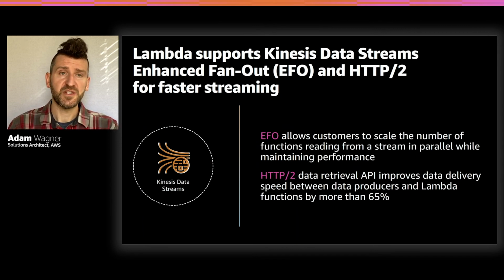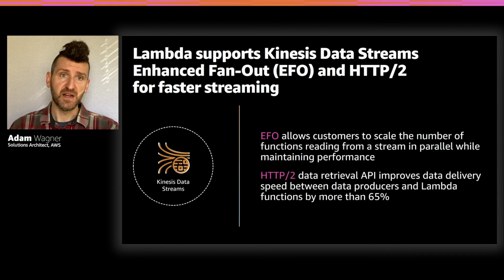So, one option to reduce that overall latency with Kinesis Data Streams is to use enhanced fanout. I mentioned earlier, enhanced fanout provides that dedicated read pipe off of that Kinesis Data Stream, and you can subscribe a Lambda function to it.